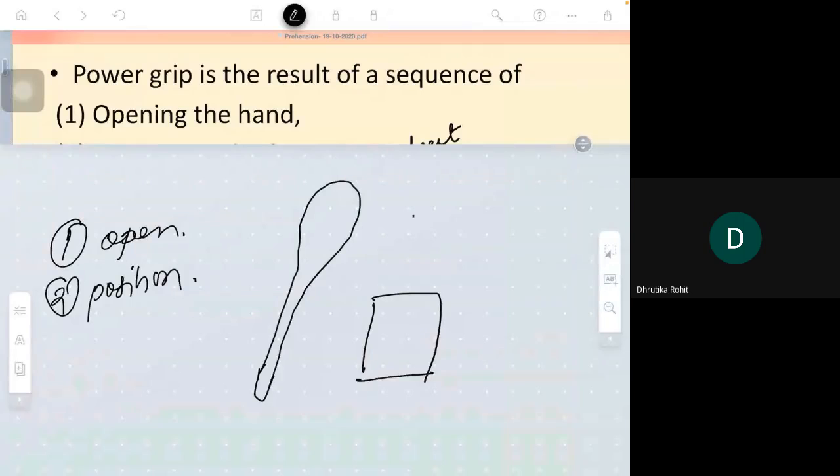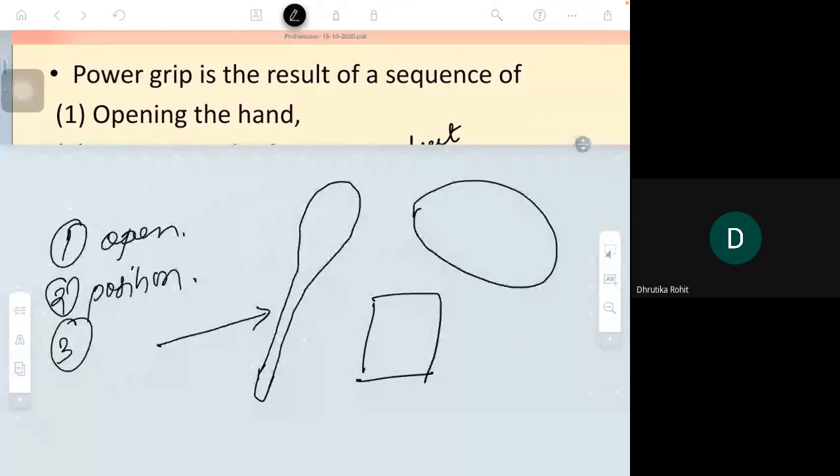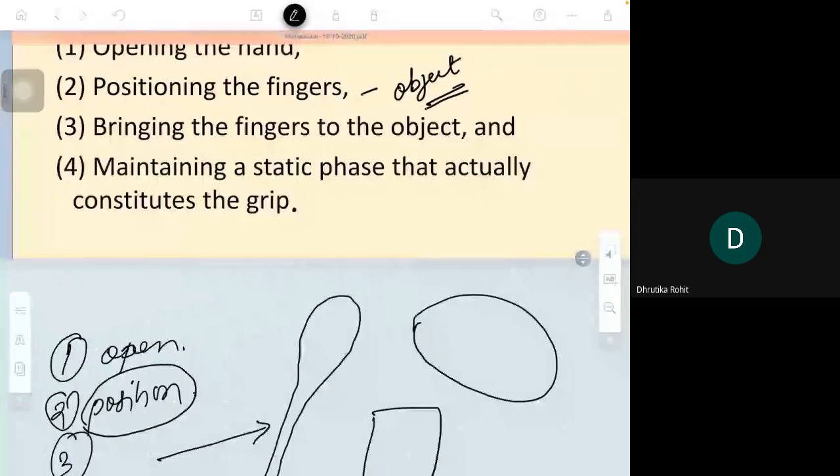Imagine the object shape is like this. Positioning the finger will not be the same. It will be different. Clear? And what is the third phase? Bringing the fingers towards the object. You will bring your fingers towards the object after positioning. And what is the last phase? The last phase is the actual grip phase, in which you actually grasp the object.